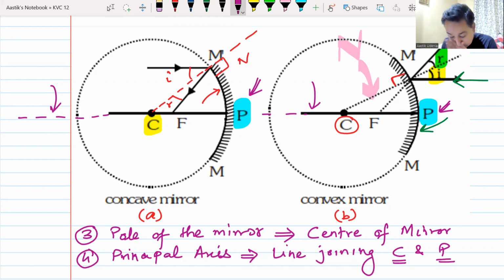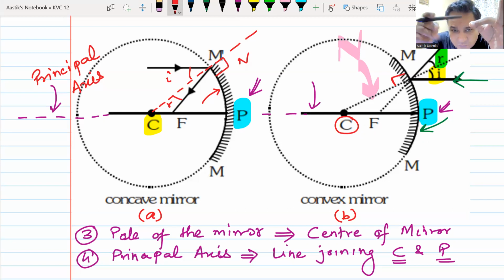What does C stand for, my dear friends? Center of curvature. Yes, C stands for the center of curvature and P stands for the pole. So once you know the center of curvature and you know the pole, you draw a line joining the center of curvature with the pole, and this line becomes your principal axis.